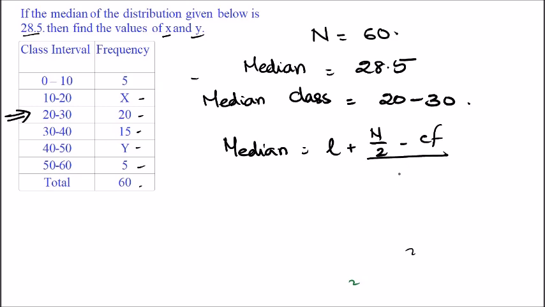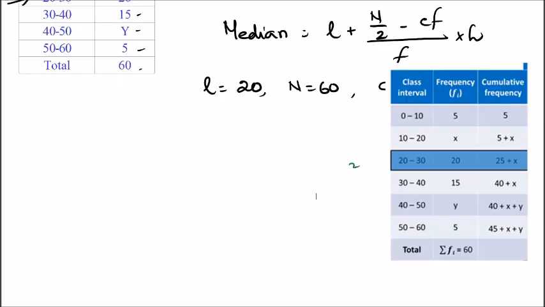We know the formula: median is equal to L plus (n by 2 minus CF) divided by F into H. Here L is the lower limit, that is equal to 20. n is equal to 60. The cumulative frequency CF is equal to 5 plus x.